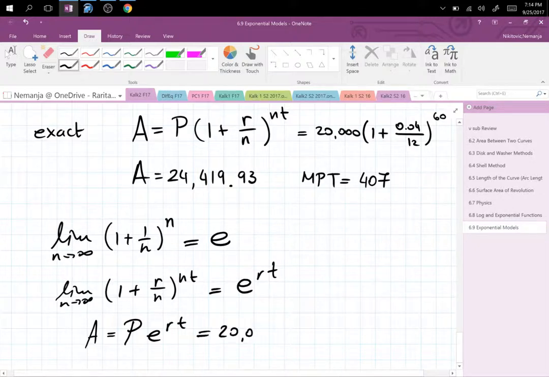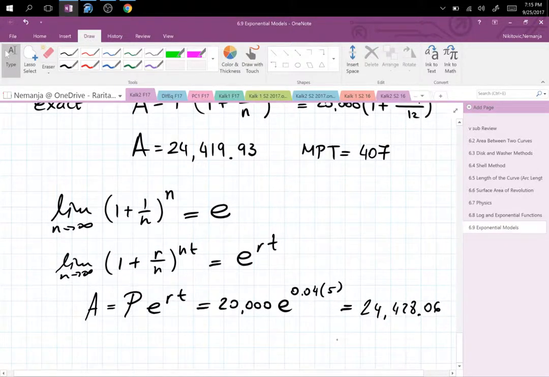And in our case, it will be 20k times e to the 0.04 times 5 years. And if you run this calculation, you get 24,428 and 6 cents, divided by 60 for the monthly payment, and then you get 407 and 13 cents.